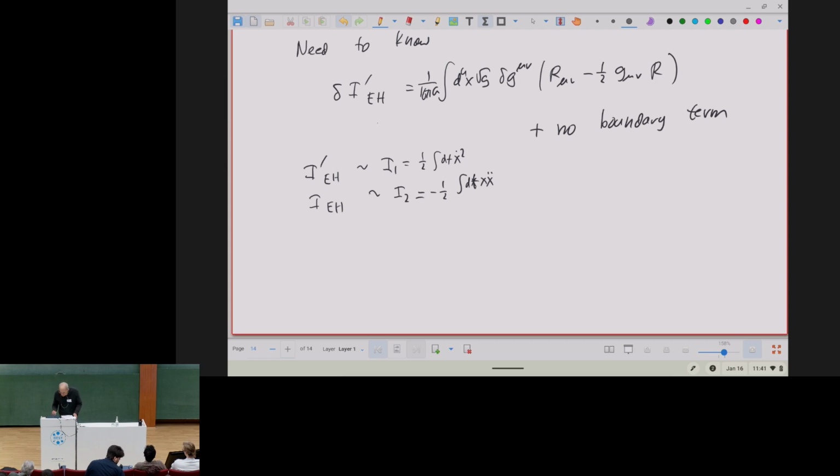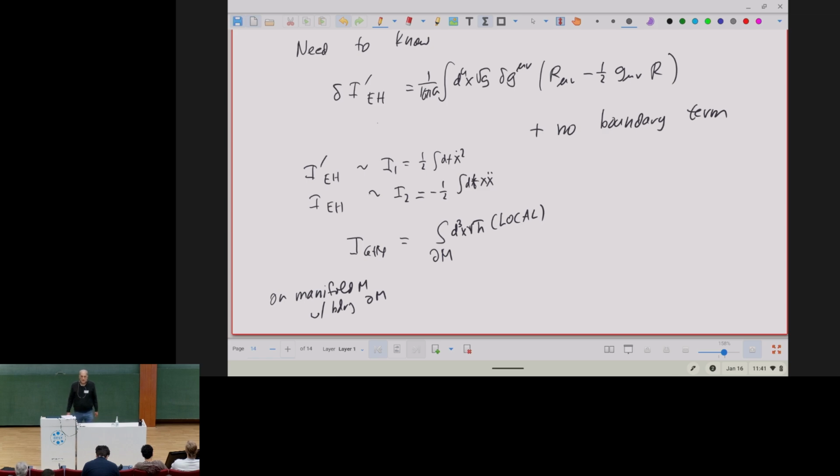There's another fact which I think we're going to need, but it's slipping my mind quite when we'll use it, which is just that the Gibbons-Hawking-York boundary term is the integral over the boundary of space. In general, on a manifold M with boundary partial M, it's an integral over partial M with the induced metric, which I usually call H, of something local.